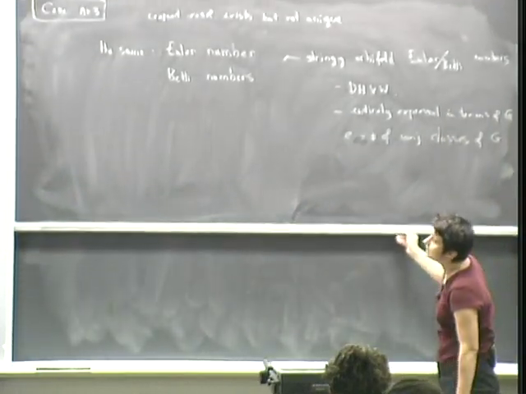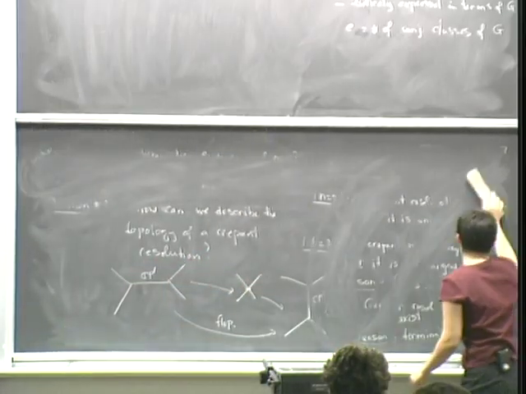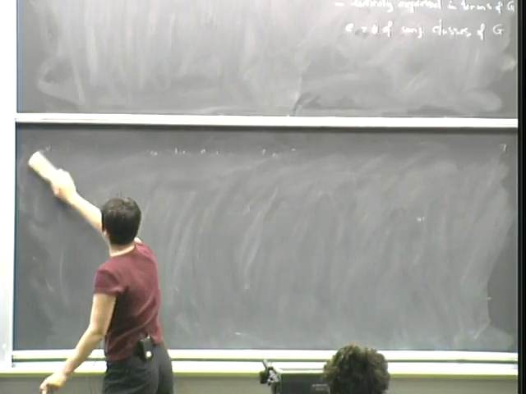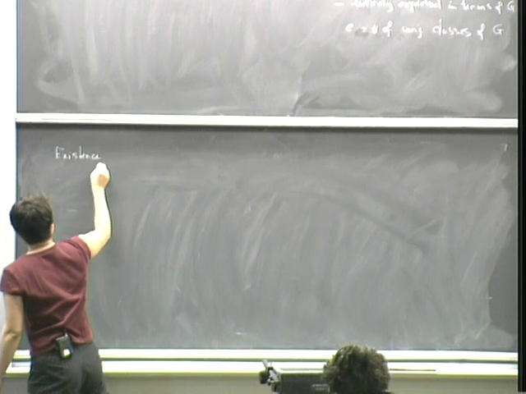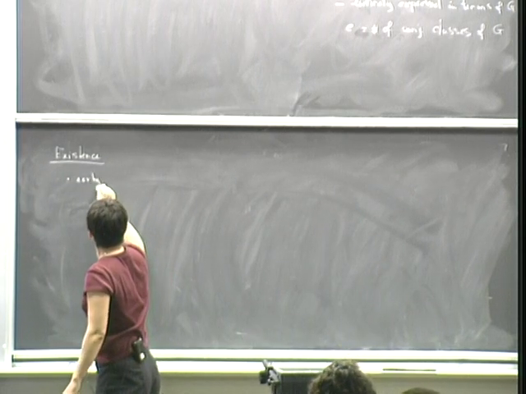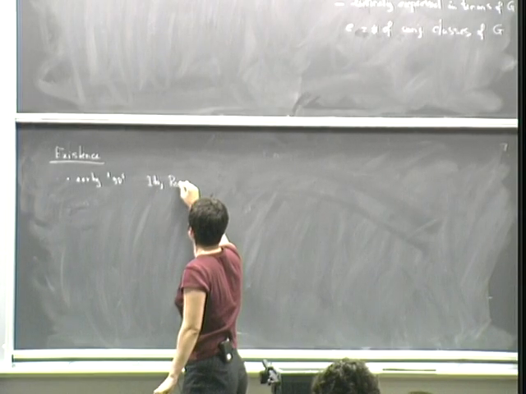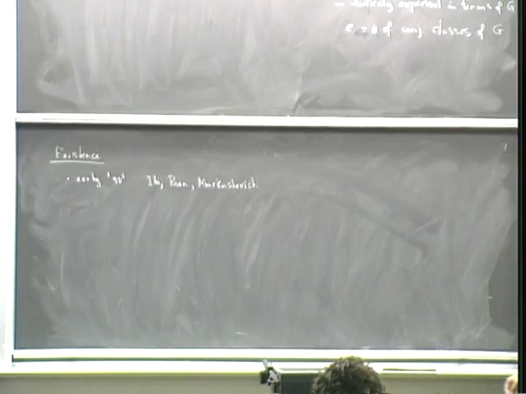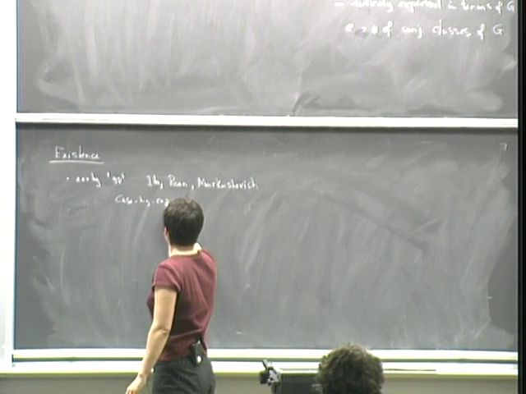Until the early 90s, a bunch of people like Ito, Roan, and Markushevich constructed Crepant resolutions case by case. So that was case-by-case existence.